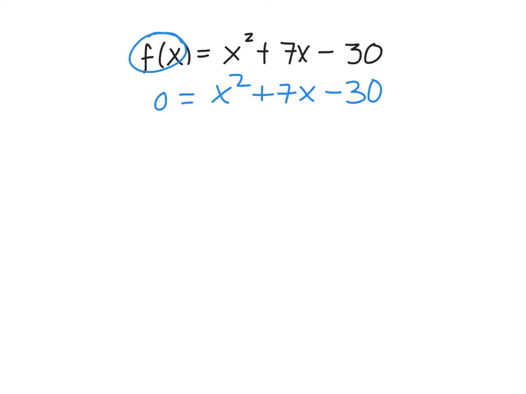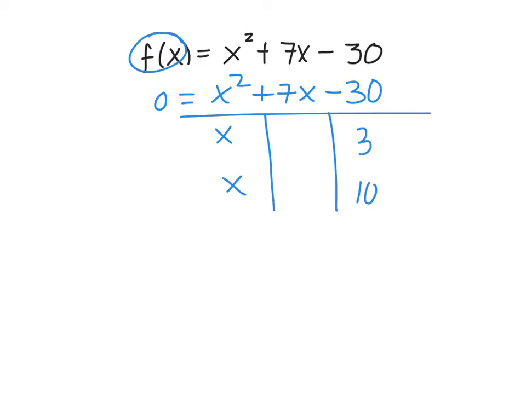And this is factorable. So when we factor, we have x times x. And here, hopefully you know, we have 6 times 5, 3 times 10. We have a lot of possibilities. I'm going to go with 3 times 10 because that combines to a 7. Now one of these has to be negative, right?